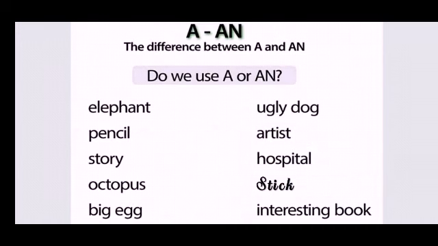We have discussed the usage of a, the usage of an, and using articles before adjectives. Here we can practice what we have learnt in this lesson. Here we have 3 examples started with adjectives. First one, big egg.